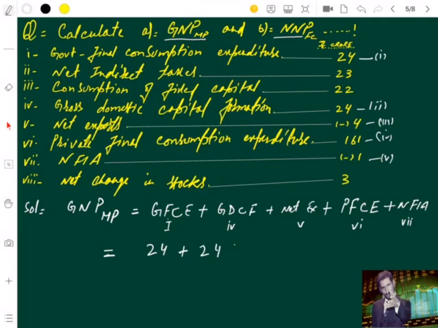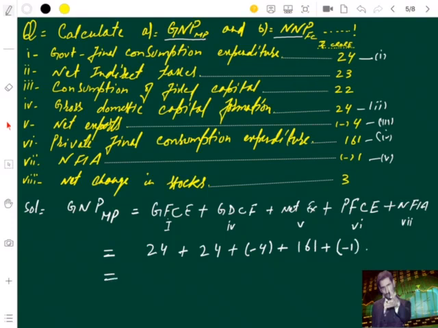Plus net exports is equal to minus 4, so we will have to write it like that. Plus private final consumption expenditure is equal to 161, plus NFI is minus 1.